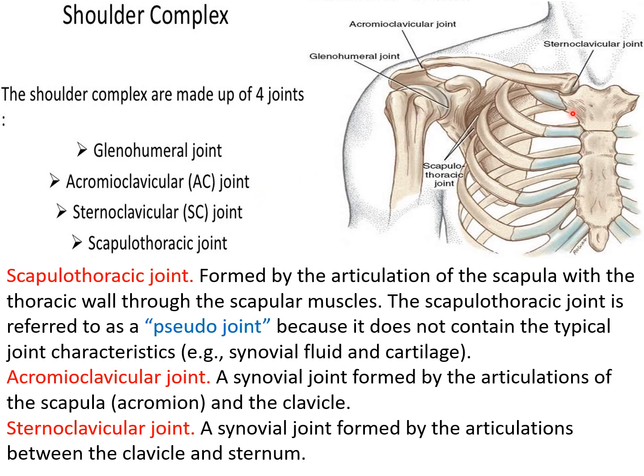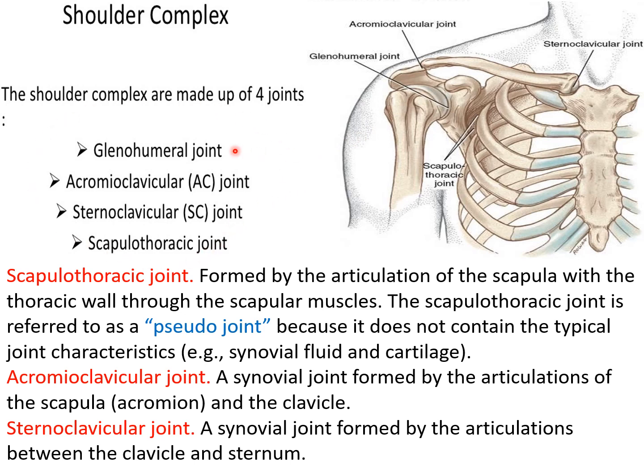This is sternoclavicular, this is acromioclavicular, this is the glenohumeral joint, and this one is the scapulothoracic joint, which is between the scapula and the rib cage. So the movements of the shoulder joint occur in congruence with all these joints.